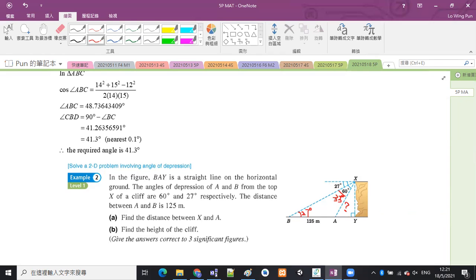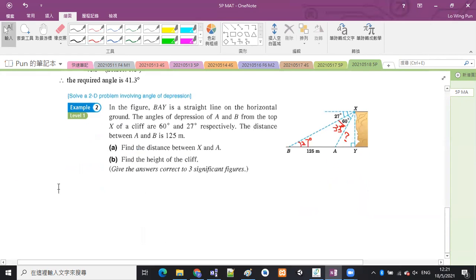And then XA, the required length, and the 27 degrees is the other pair. So we have two pairs. And then we can set up a sine formula to find the length of XA. Okay? But we need to do the preparation steps first. We need to write them down.